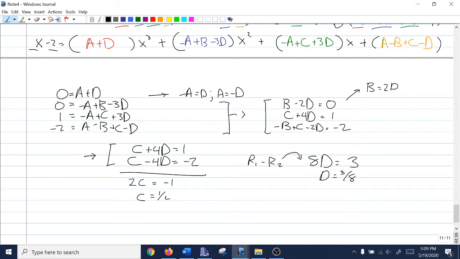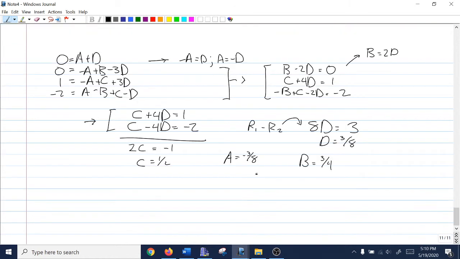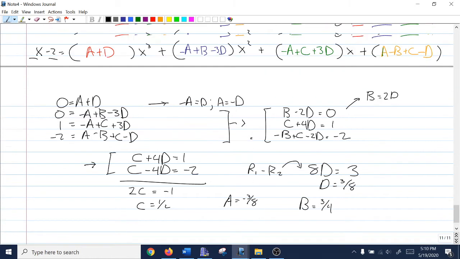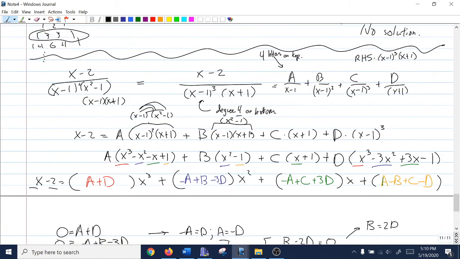B is 2d, so b is 3/4. What's a? A is negative d, so a is negative 3/8. I've got a solution. I have a is negative 3/8, b is 3/4, c is negative 1/2, d is 3/8. Let's try writing down our answer and see if it turns out right when I plug in 10.